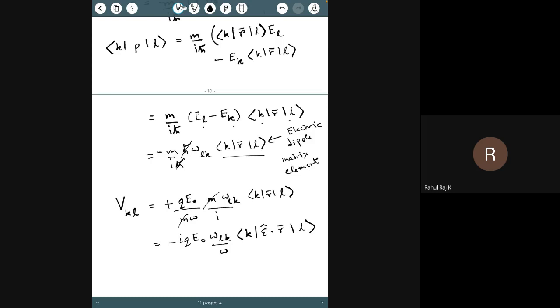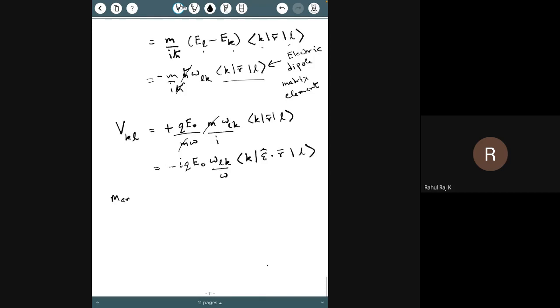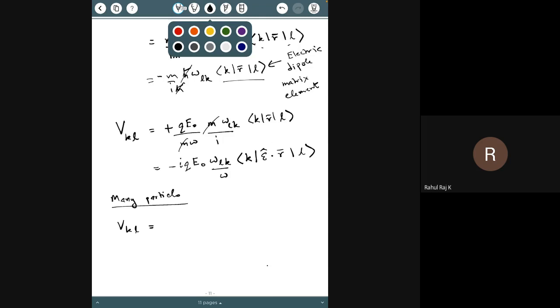Okay, and then again let's go for many particles. VKL is equal to, so which are the ones which are dependent on the particles? It's this one and this one only.